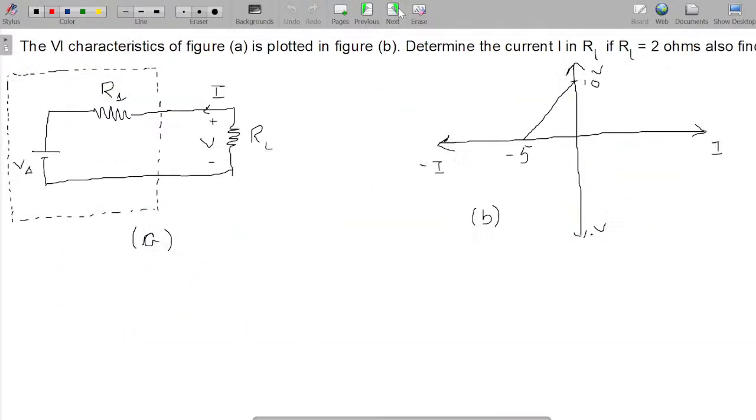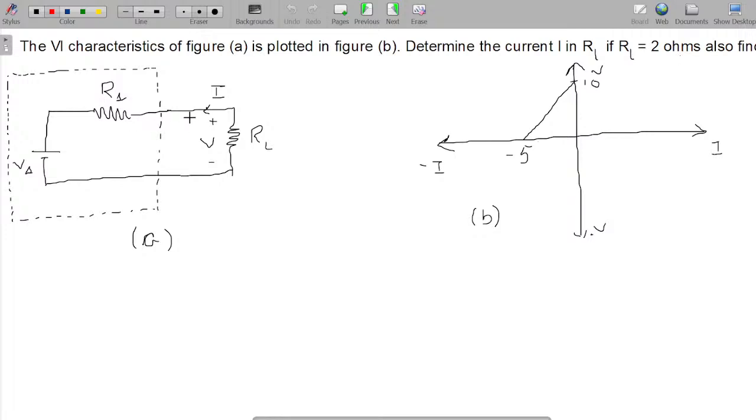Let's take another question of similar type. See, the VI characteristics of figure A is plotted in figure B. Another similar question where we'll be using values from the graph. Determine the current I in RL if RL equals 2 ohms, and also find RS.